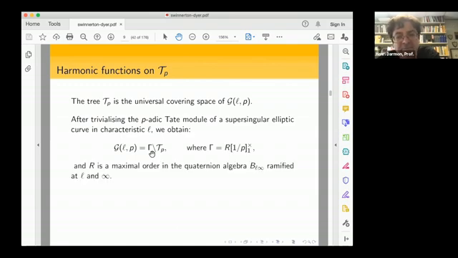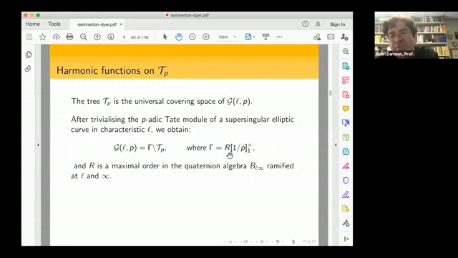And this Gamma is identified with the group of norm 1 elements in a maximal Z[1/p] order in some definite quaternion algebra. So I take simply a maximal order. There are finitely many such maximal orders up to conjugation in the quaternion algebra.